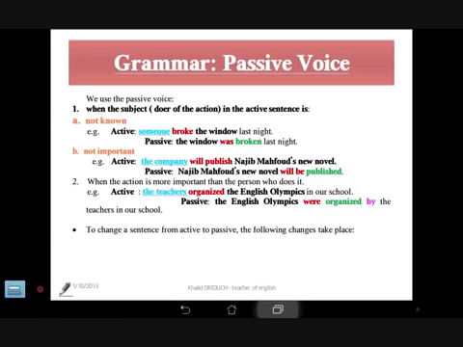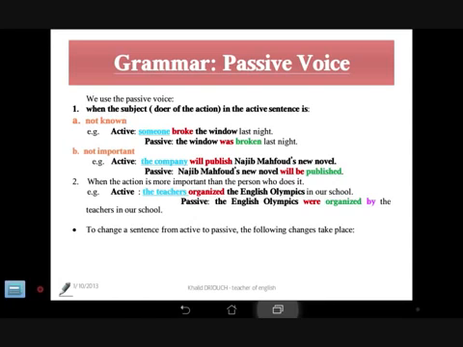Someone is the subject, broke is the verb in the past tense, past simple, the window is object. But when we say someone, it's not like if we say Ahmed or Hassan. The subject is not known, so we just change the sentence from active form to passive form. And we're gonna get a sentence like, the window was broken last night.